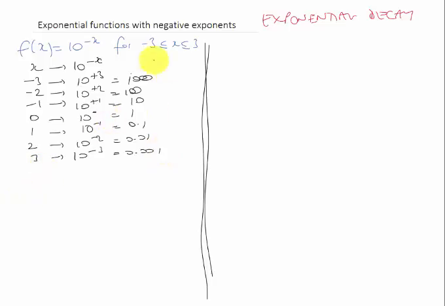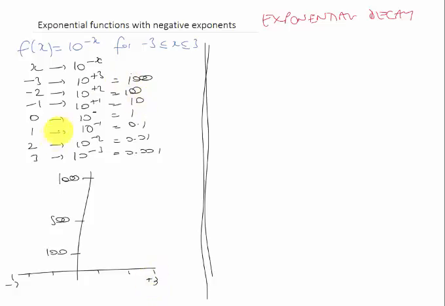So there are some numbers that we've mapped, and we can use those to draw a graph. Alright, so start all the way up here at 1,000. So it's minus 3 to plus 3.